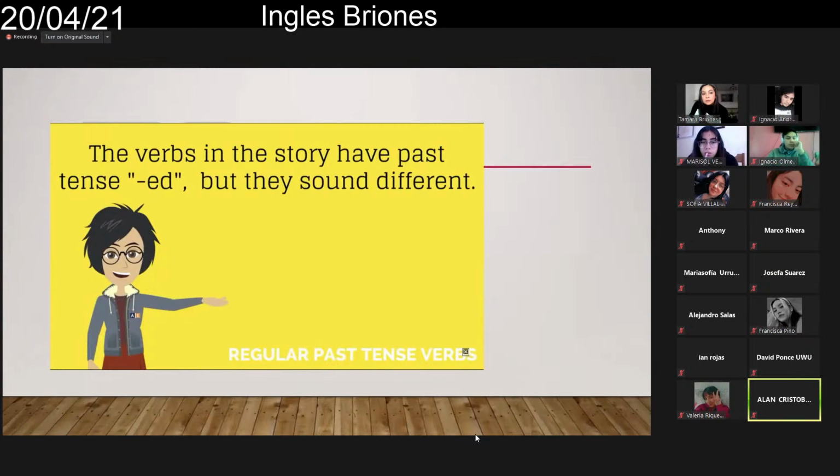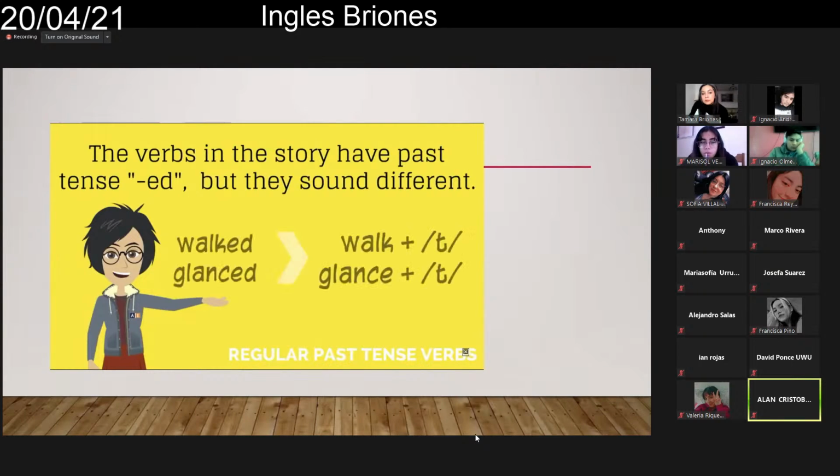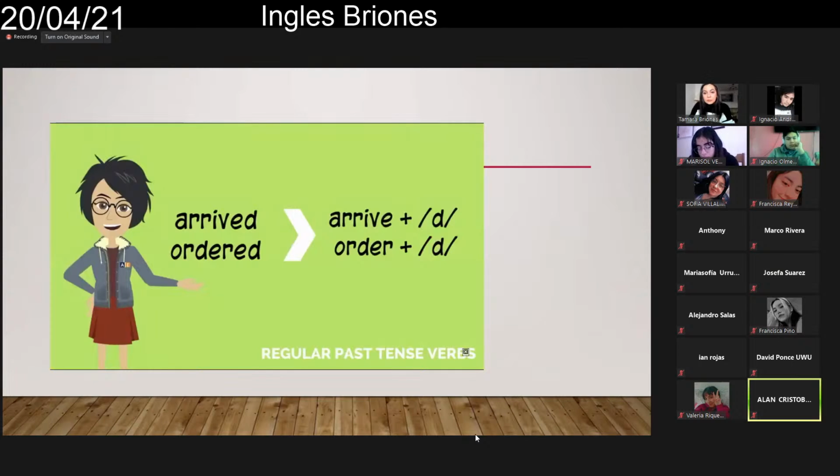In walked and glanced, the ed makes a t sound. Walked, glanced. The ed in arrived and ordered ended with a d sound.